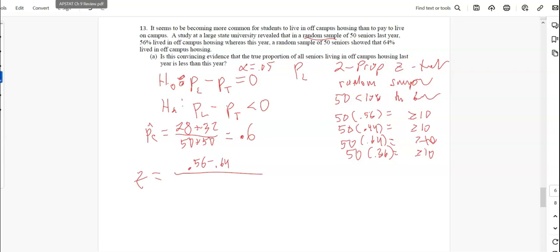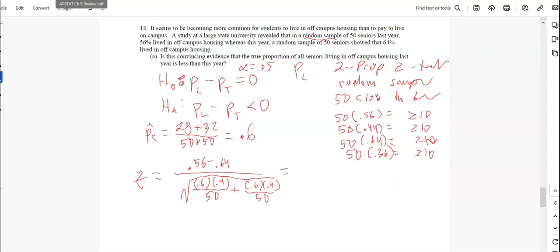You can say minus 0 there if you want for that last part, but you can just leave it like that also. Square root of, and we're going to use our p-hat pooled value here for both of these fractions inside of here. So this is going to be 0.6 times 0.4 for both of them, and I think they both had sample sizes of 50.